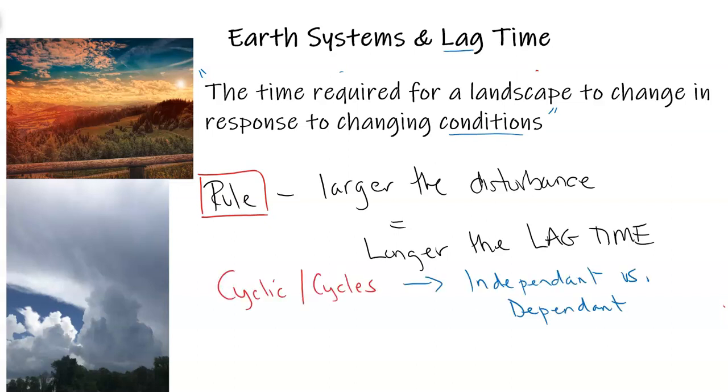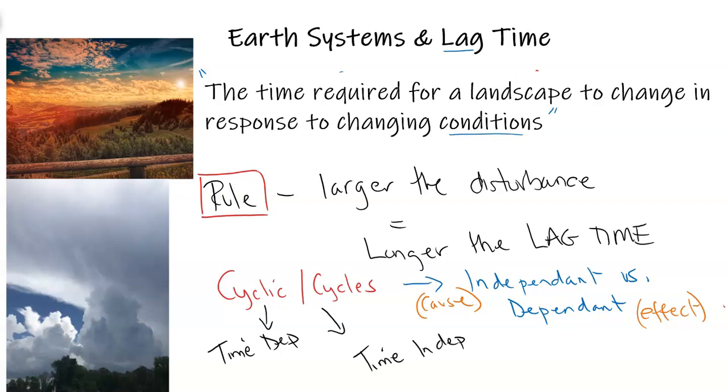And as a summary, in terms of the cycles of these lag times and disturbances, you've got the independent versus dependent. The independent is going to be the cause. So we've got cause right here. But independent, and dependent is the effect.